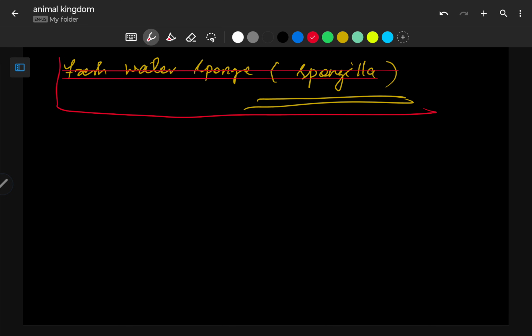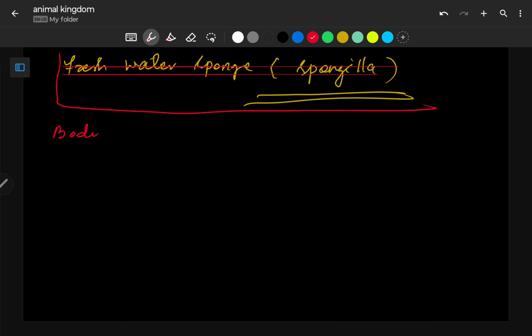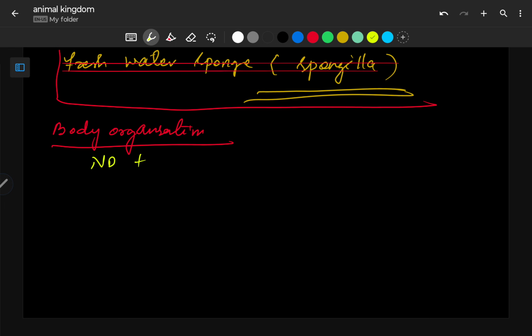Now come to the body organization. They are having cellular level of organization. So there is no tissue or organs.